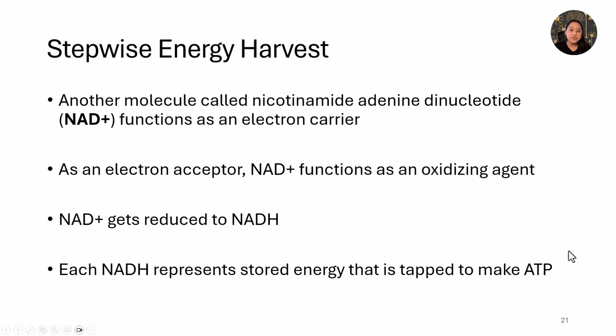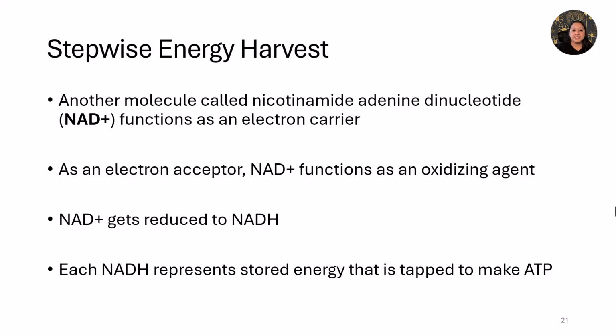So how do we do that? There is this molecule that is an electron carrier throughout these processes. It's called nicotinamide adenine dinucleotide, or NAD+. And so that's an electron carrier. It'll carry a couple of electrons, and then that can safely be passed along.